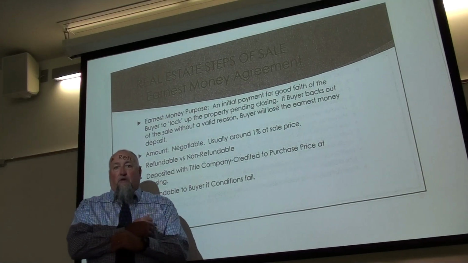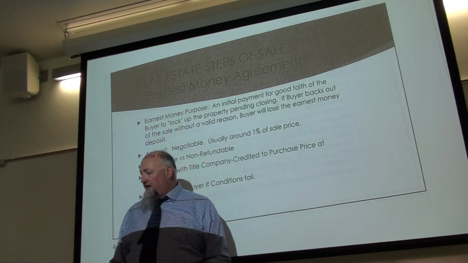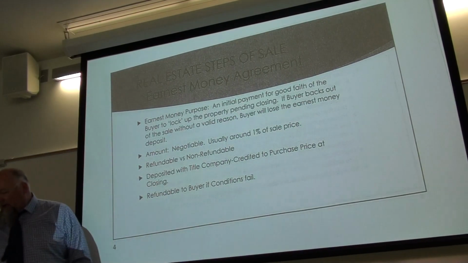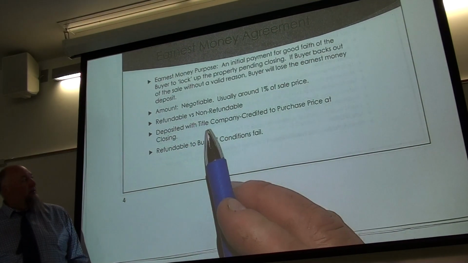Just because of the nature of commercial real estate may require extensive investigation and due diligence and that kind of thing. All right, so the earnest money will typically be deposited with the title company.